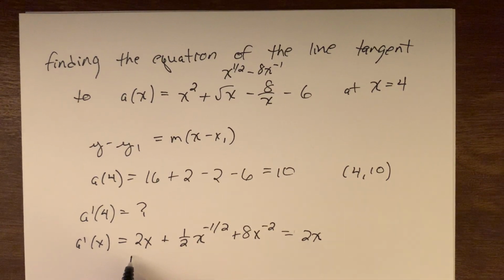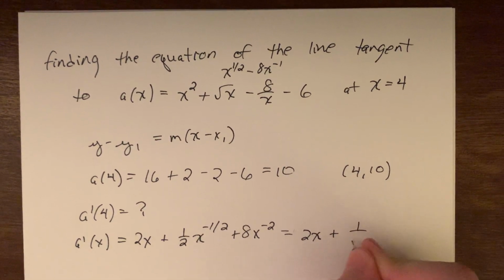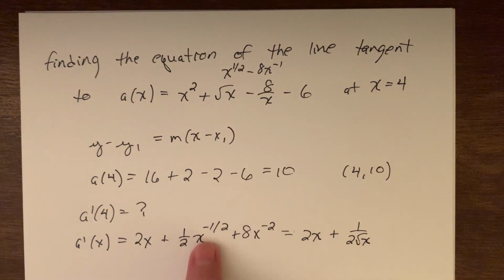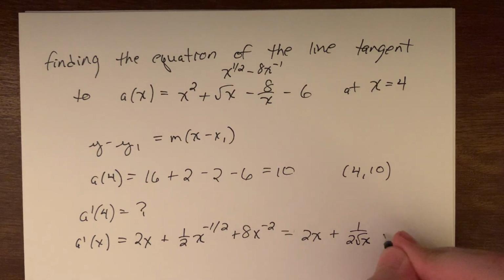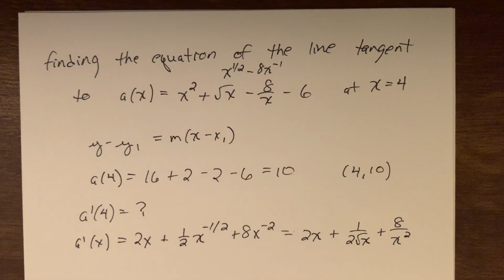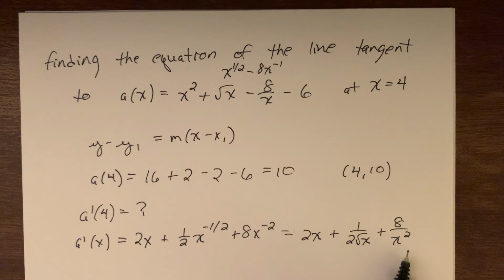The 2x is good already, but the 1/2 x to the minus 1/2 can be rewritten like that. X to the minus 1/2 to the denominator is x to the positive 1/2, and that is the square root. Plus 8 over x squared, right? The x to the negative 2, putting that back to the denominator.